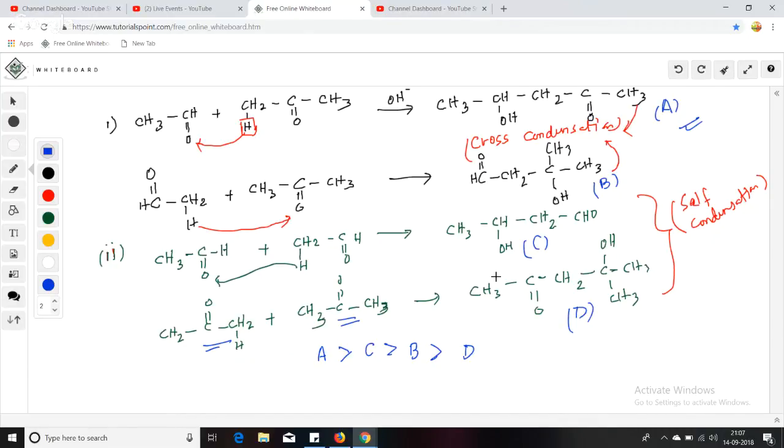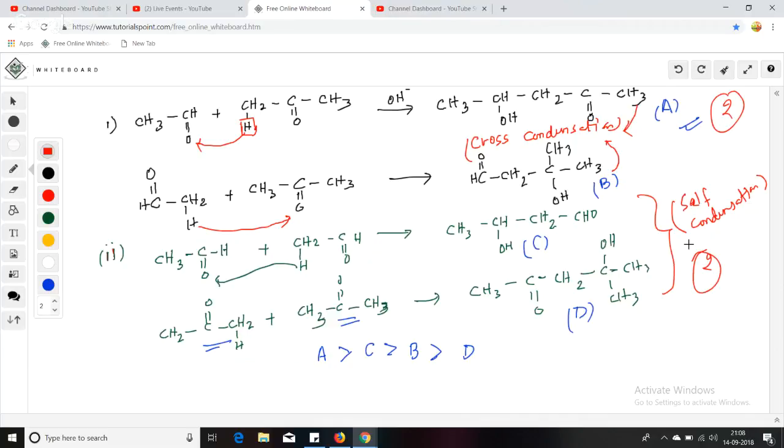Okay, but now the important thing here is how many different products we get. You see, because of cross condensation we are getting two products here, right? And from self condensation we are again getting two products here. So if somebody asks for the total number of products, the answer will be 2 plus 2, 4.